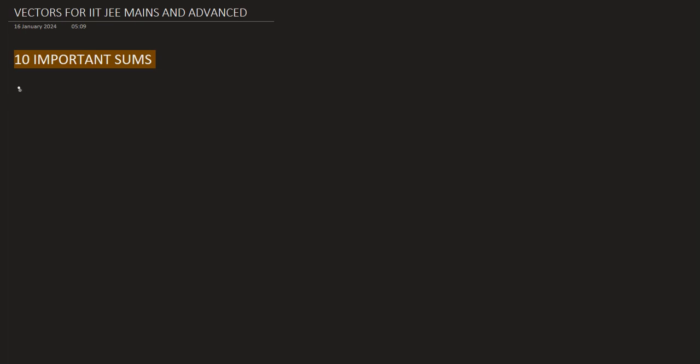So now question number 1 we are going to discuss: a unit vector perpendicular to the vector minus i plus 2j plus 2k.